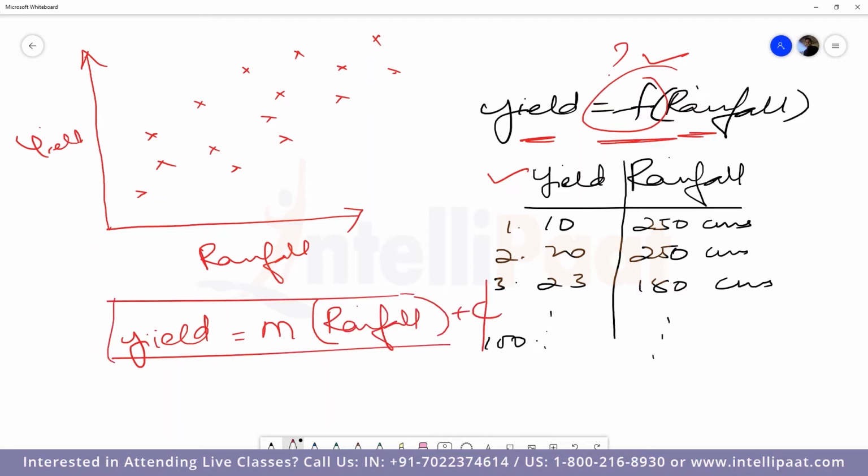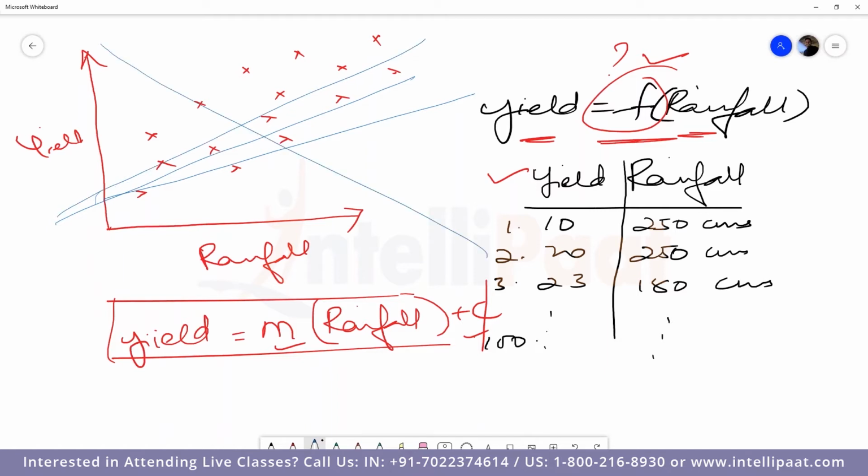So for arbitrary values of m and c, this whole equation, from our knowledge in mathematics, is a simple straight line equation. It could be different straight lines for different values of m and c. It could be a line like that or a line like this. So different values of m and c will yield different straight lines.